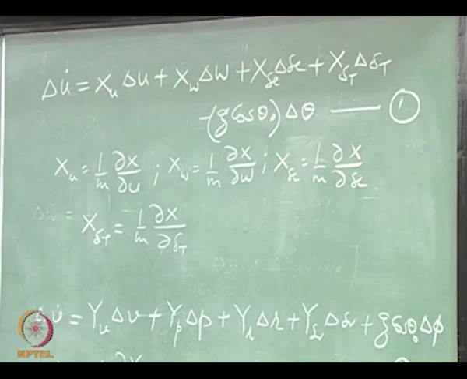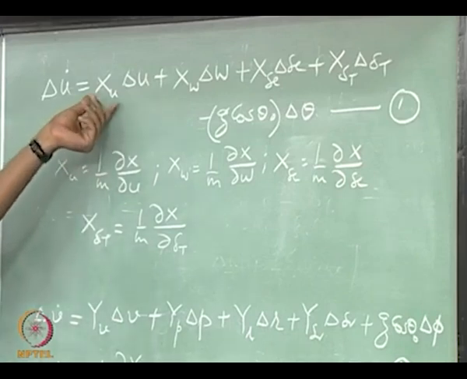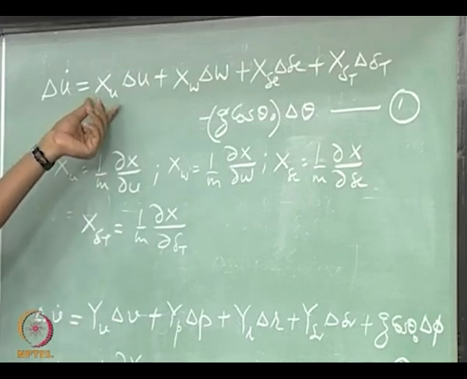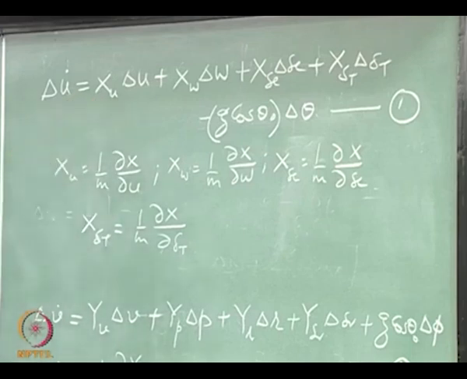So first thing is we should know what these derivatives are. So we will start looking at them separately, not really looking at all of them, but some of them, and then you will know how to find others.